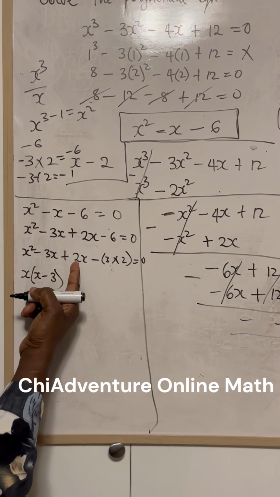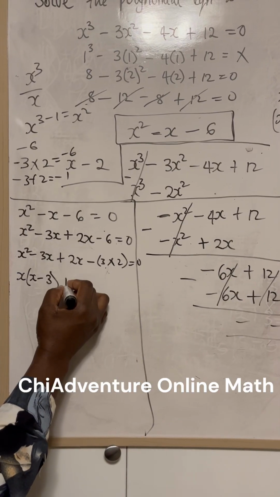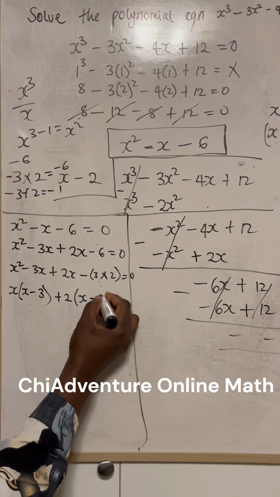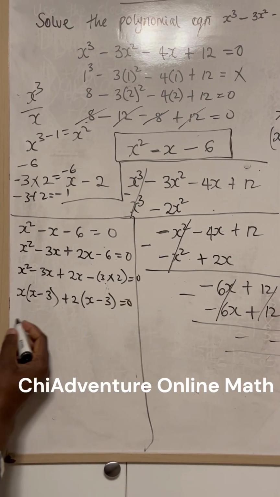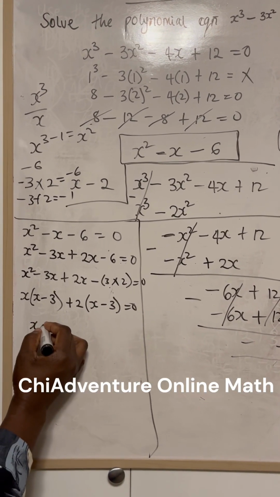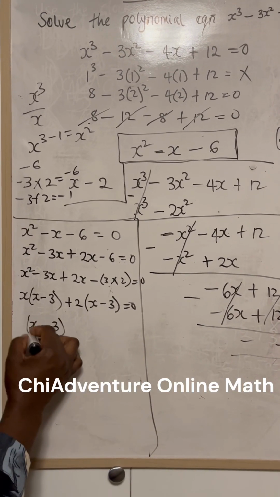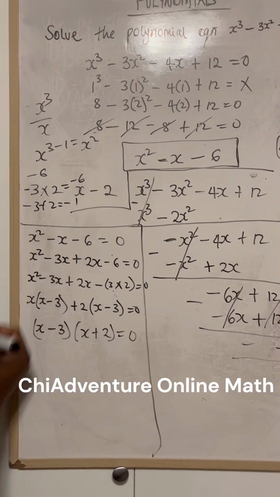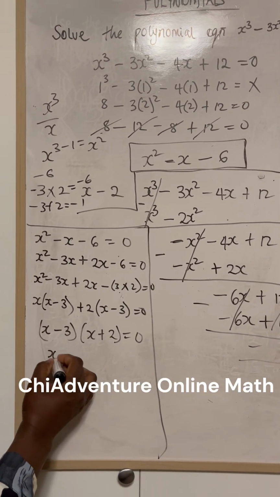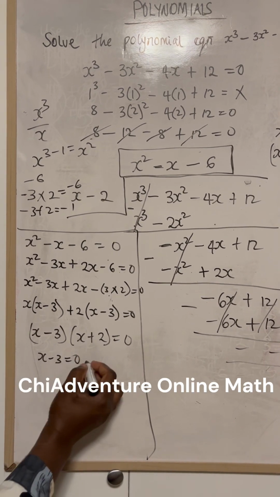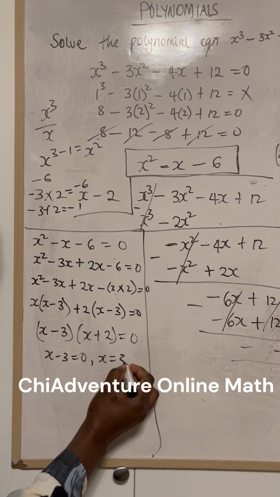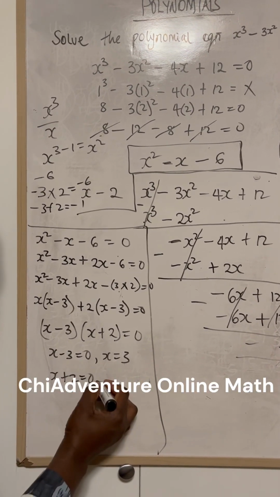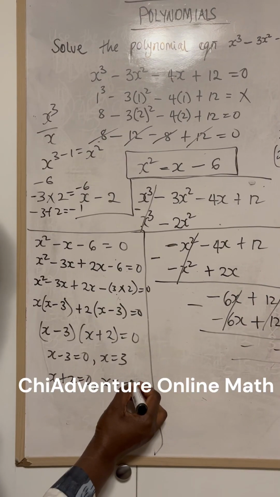Now here, remember we have a positive 2 and a positive 2, so they are like terms, and the common one will have x minus 3 is equal to 0. So we're having x minus 3 and x plus 2 are the factors of our polynomial. So invariably, we're having x minus 3 is equal to 0. That means x is equal to 3. And x plus 2 is equal to 0. That means x is equal to minus 2.